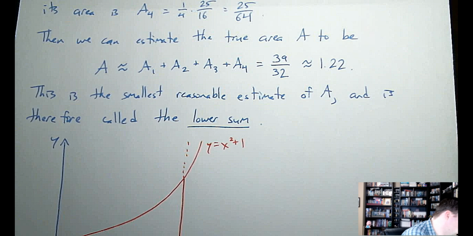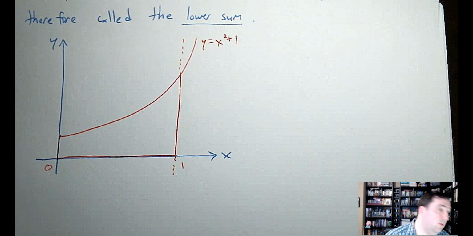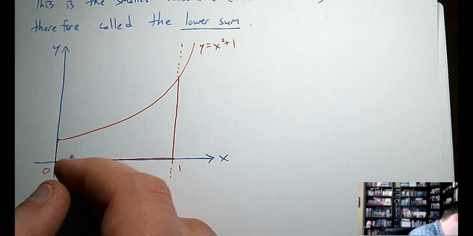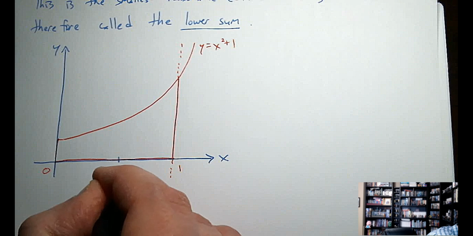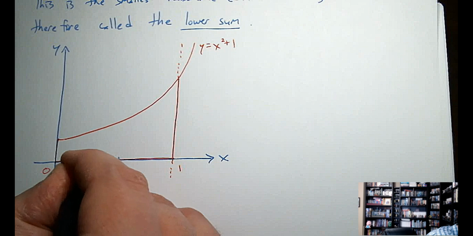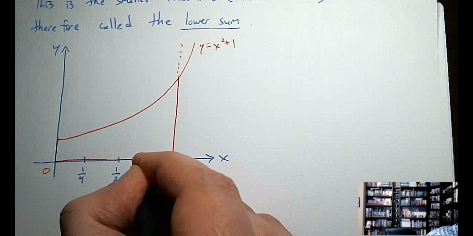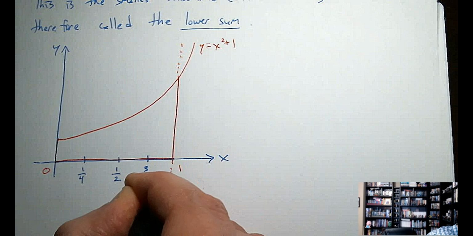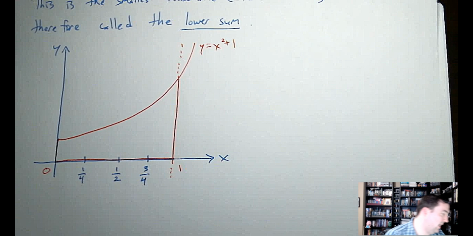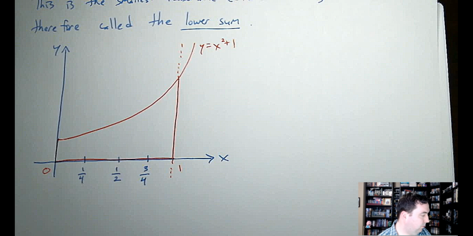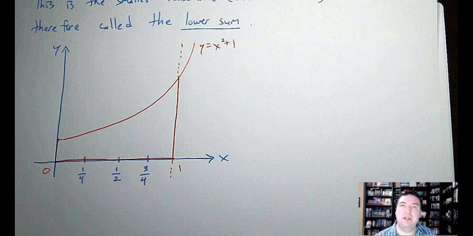And of course, we're going to use the exact same partition. It seems very reasonable that we should want a regular partition. So we're still splitting this up at 1/4 and 1/2 and 3/4. So nothing about that element of the setup here is going to change. What is going to change will be the height.